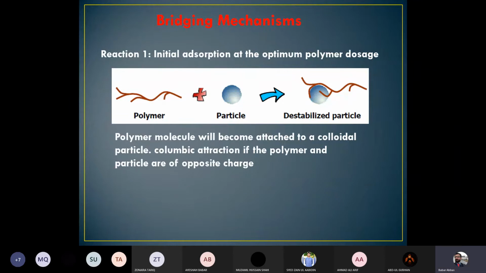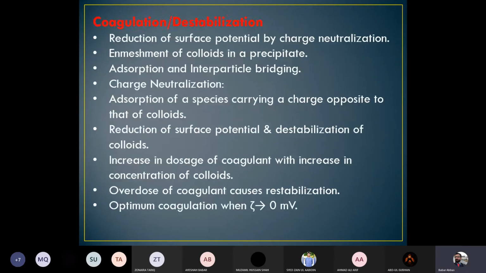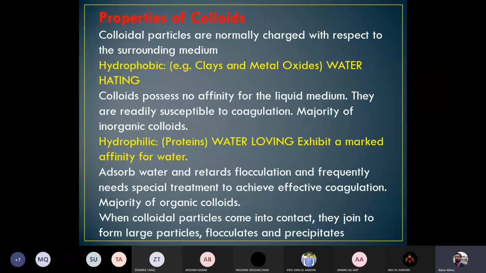Bridging mechanism, as we discussed earlier, is that the proteins and clays or other inorganic materials, when they come across each other, join together and settle down.